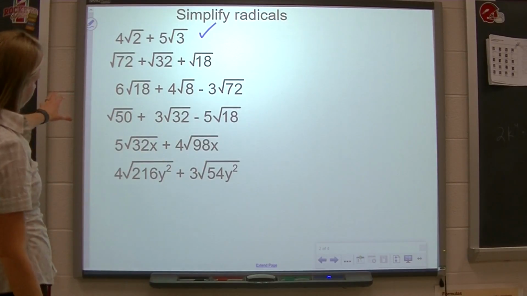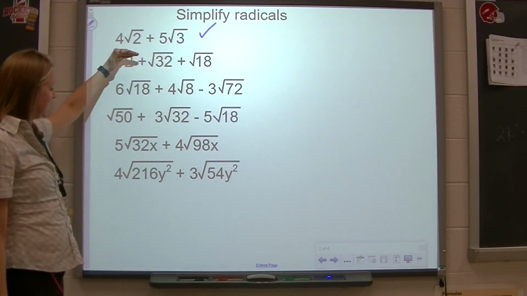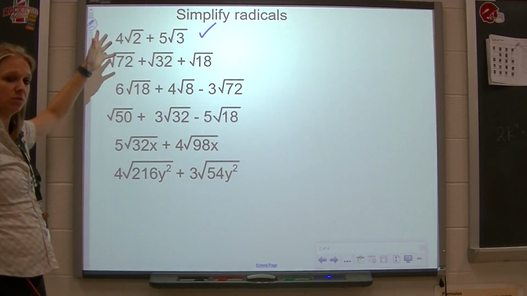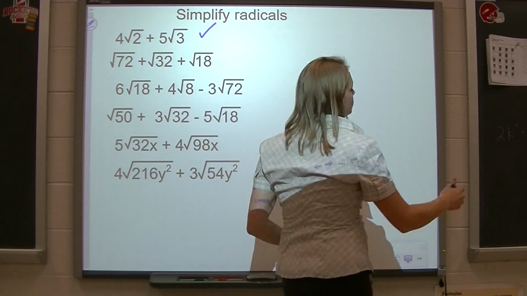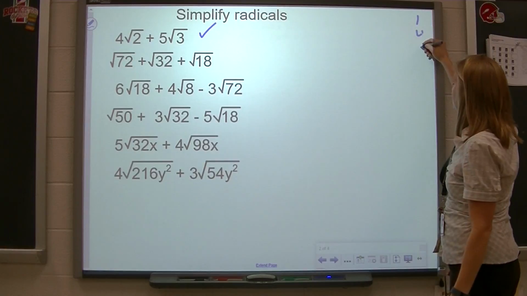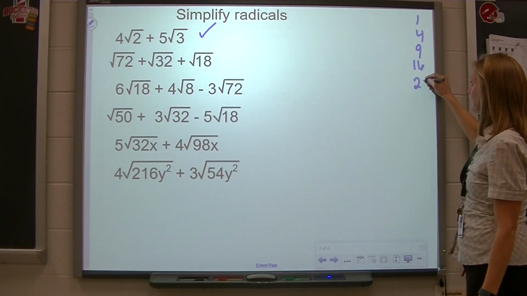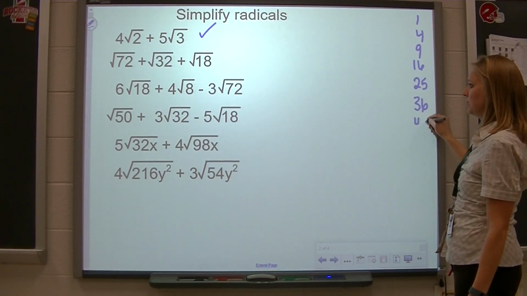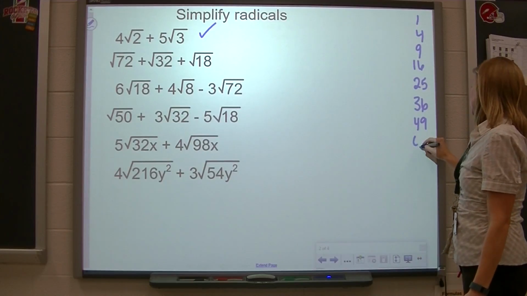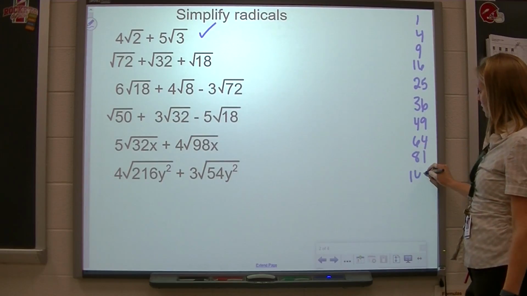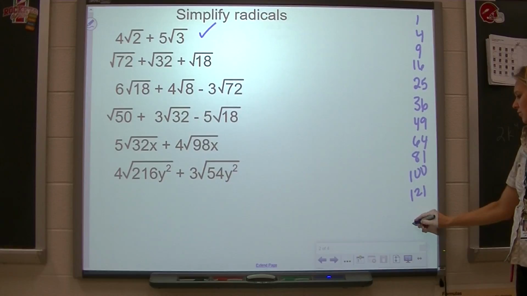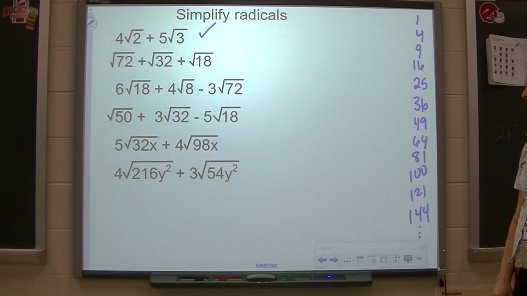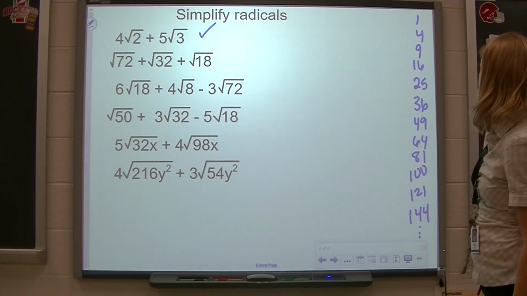Now this one, we're going to have to break down. Again, it's all square roots, so it makes it a little bit easier for us. I know my square numbers. So 1, 4, 9, 16, 25, 36, 49, 64, 81, 100, 121, 144, and so on, 169, we'll keep going.